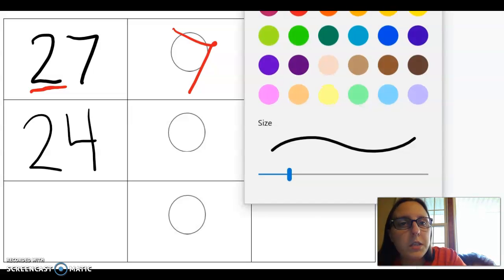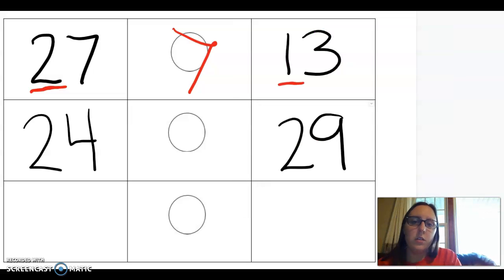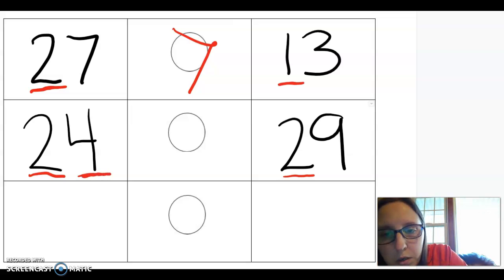Now again, I always like to look at the tens place first to compare my 2 numbers, but take a look here. I have a 2 in the tens place in 24, and I have a 2 in the tens place in 29. So that tells me I have to go to the ones place to determine which number is greater. In the ones place in 24, I have a 4.